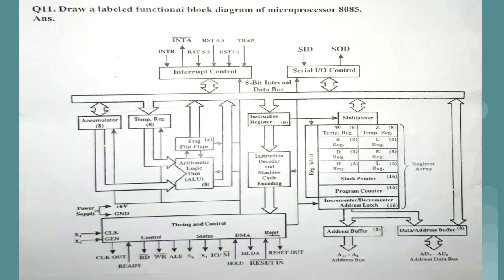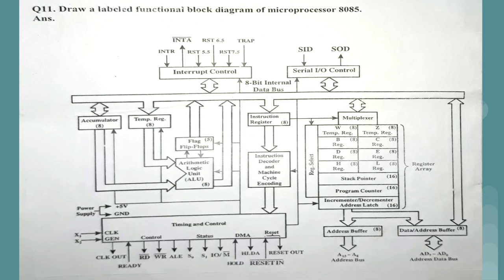This diagram will carry 3 to 4 marks, but as per my suggestion, instead of attempting this particular question, you can move to another question, because if you notice, the diagram is very complicated, so it will be difficult for you to remember. There is one more reason why I am telling you to skip this question: it is time consuming.